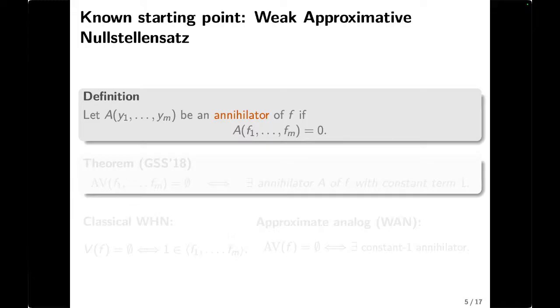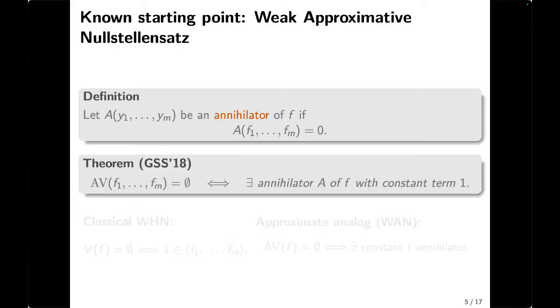So in this work we start with this notion of polynomial satisfiability. Before that, we need something called the annihilator, which, for a given system of polynomials, is a polynomial that evaluates to 0 over a different ring when we set each variable to one of the input polynomials.